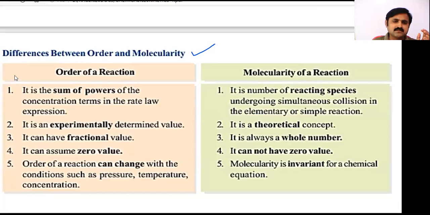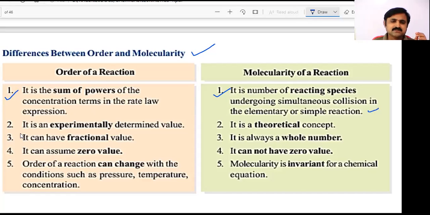Write order of reaction on one side and molecularity of the reaction on the other side, and write the definition first. Order of reaction is the sum of the powers of the concentration terms in the rate law. While molecularity, first point, is the number of reacting species undergoing simultaneous collision in an elementary or simple reaction. That is the definition.